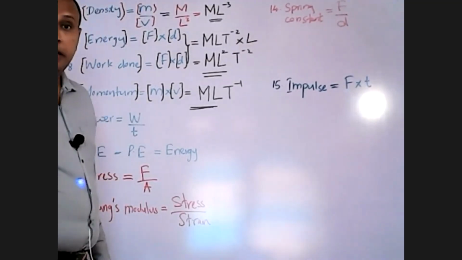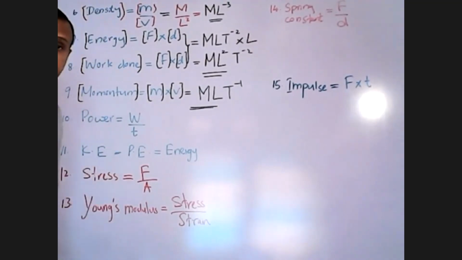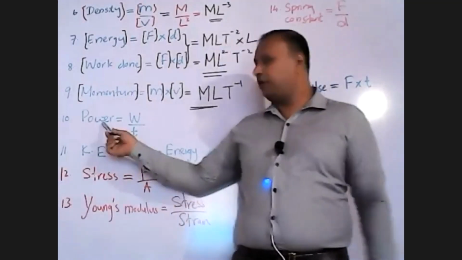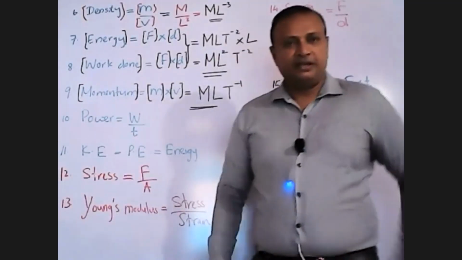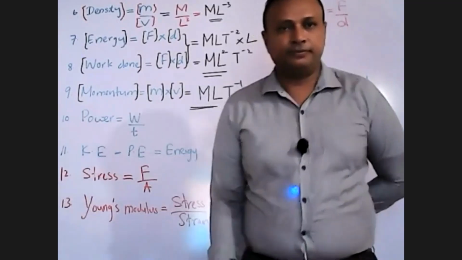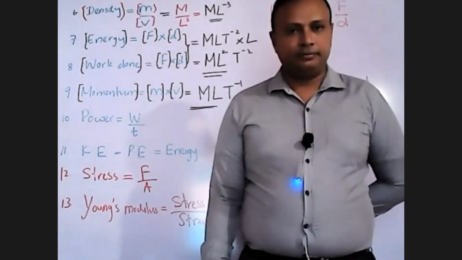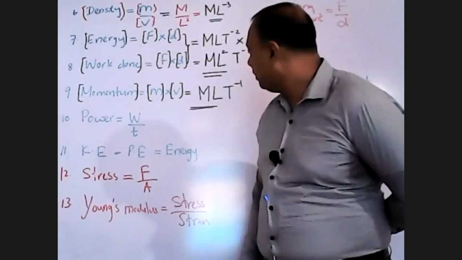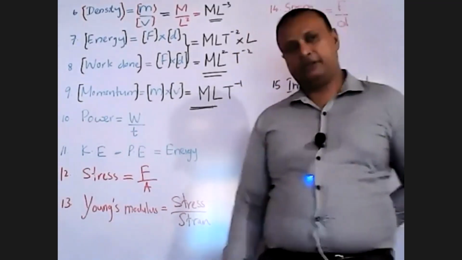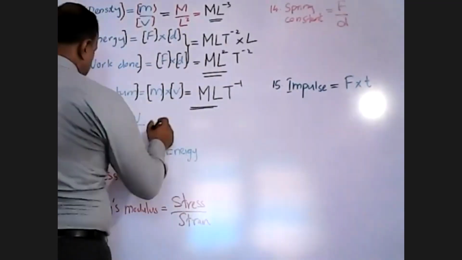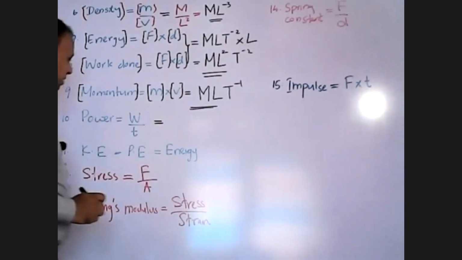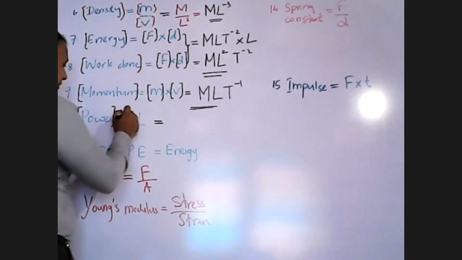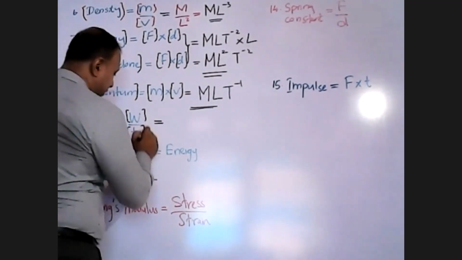What is the answer for question number 10? Dimension of power. ML squared T minus 3. Yes. So the dimension of power is the dimension of work done over the dimension of time.